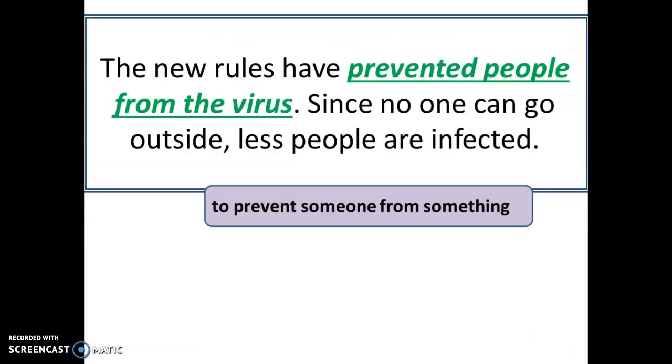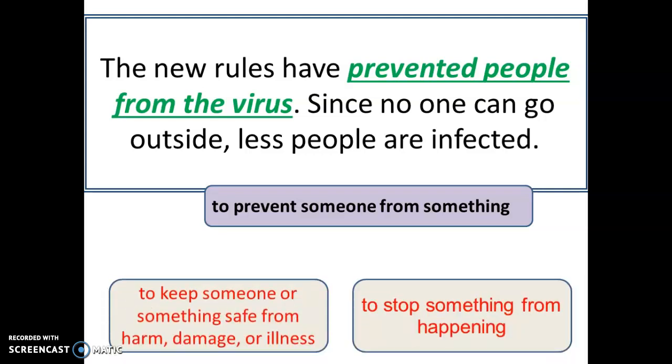Next, to prevent someone from something. The new rules have prevented people from the virus. Since no one can go outside, less people are infected. So the new rule is no one can go outside, and the result is people are less infected.